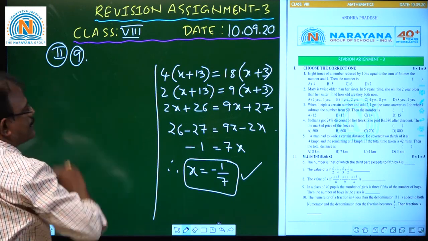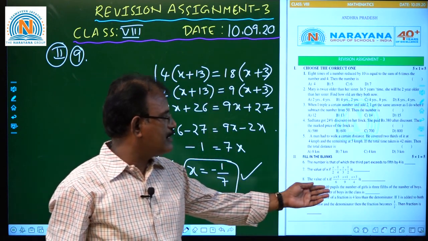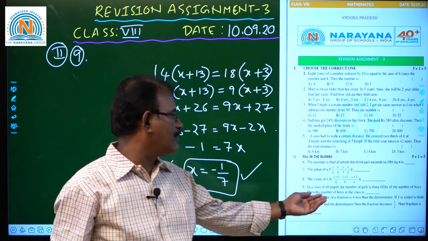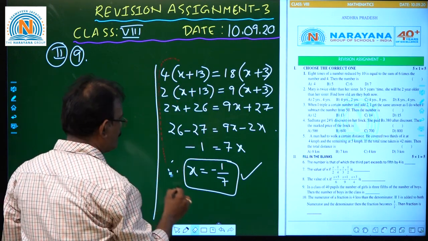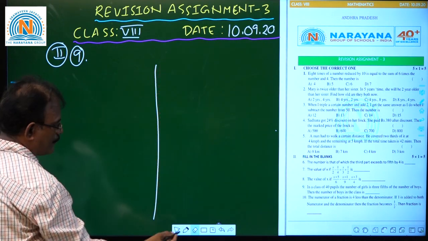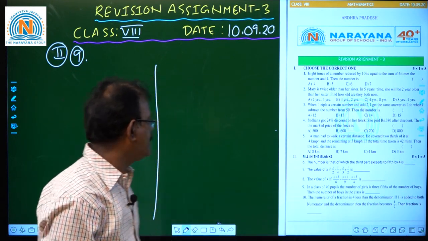So the 9th one is: in a class of 40 people, the number of girls is 3/5 of the number of boys, then the number of boys in the class is how much? This is what they are asking. So what is the total number of people in the class, children? 40.